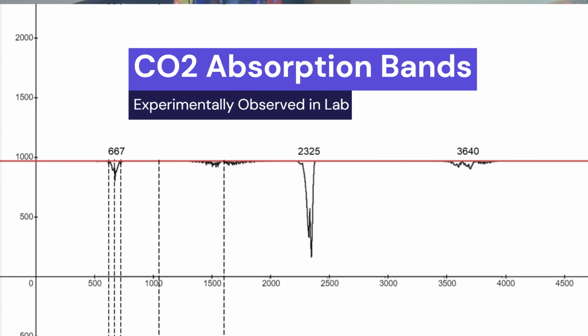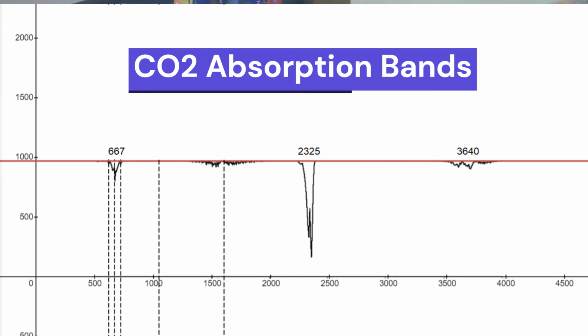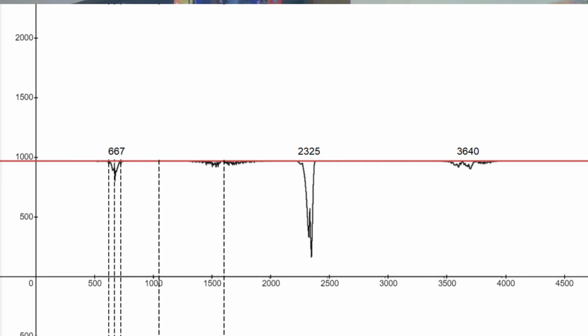Notice that CO2 gas has three major absorption bands. Among them, the band at 2,335 per centimeter or 4.3 micron is the strongest, at least 10 times stronger than that at 667 per centimeter or 15 micron.